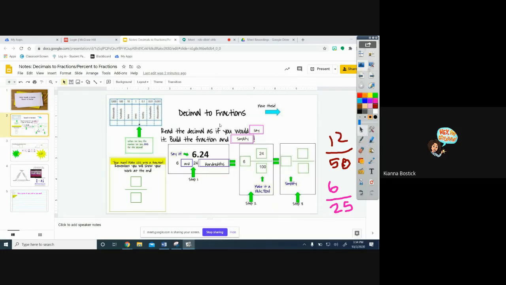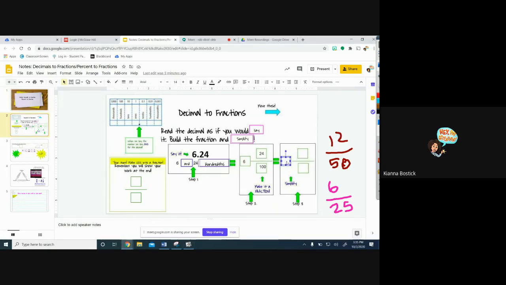So we went from 24 over 100, or 24 hundredths. We divided by 2 because they're both even, and we got 12 fiftieths. Then we divided by 2 again because both of these numbers, our numerator and denominator, are even. So I got 6 twenty-fifths. We have determined that we cannot divide by anything else, because we would have to divide the top and bottom by the same number.